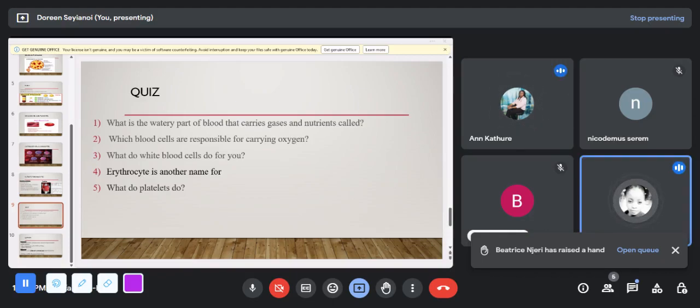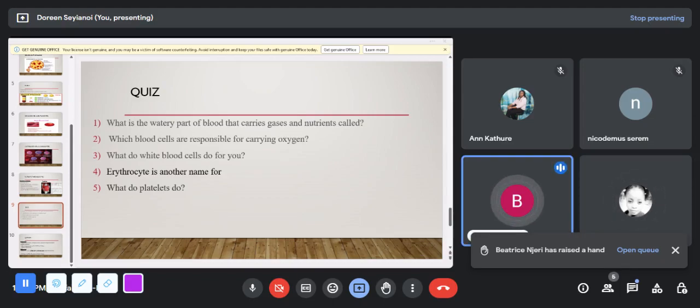Yes, thank you. What do white blood cells do for you? Jerry? They help in fighting diseases. Yeah, they help in fighting infections.